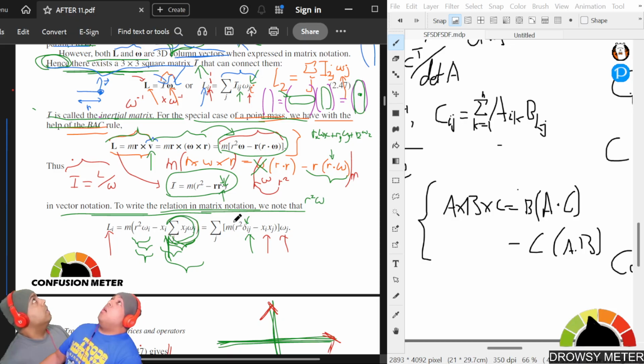So what they're saying is r squared omega_i divided by omega_j is r squared Kronecker delta ij. Or they're saying that you can factor out the r squared, right?